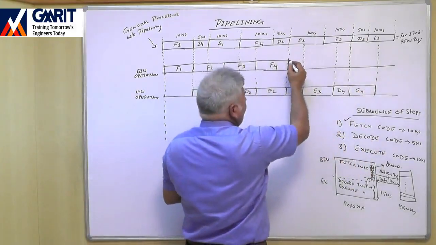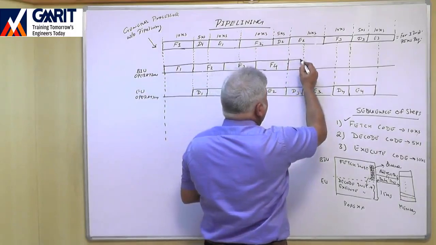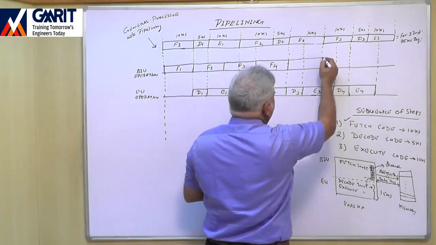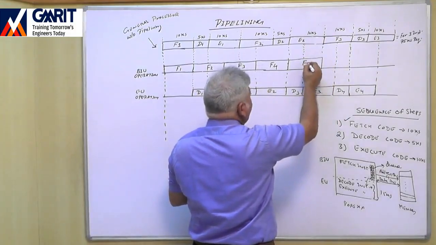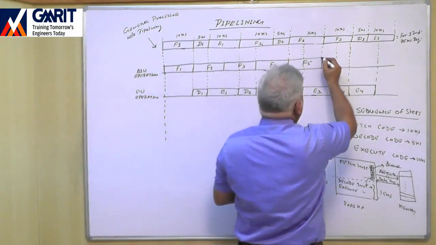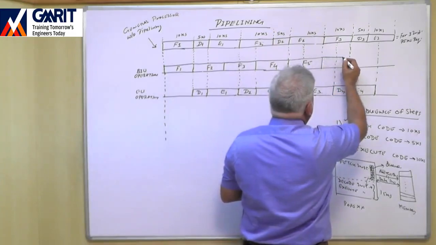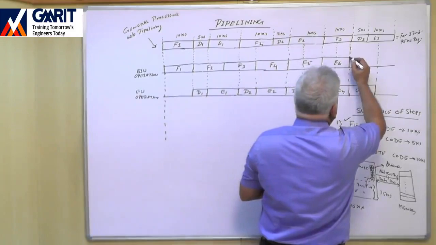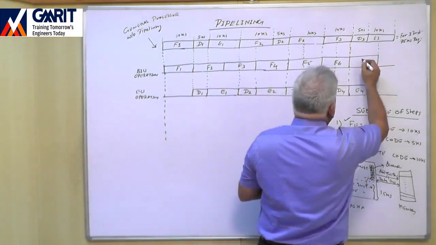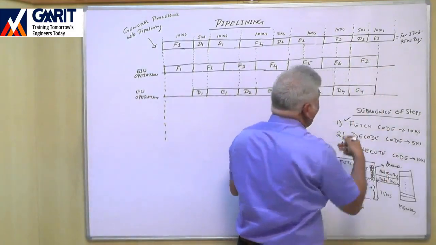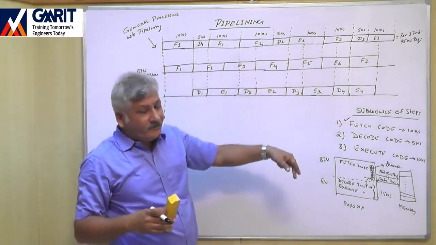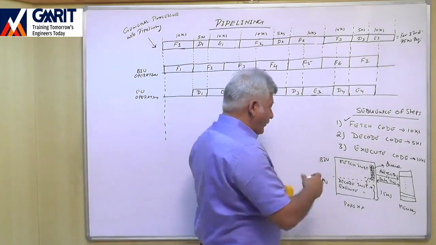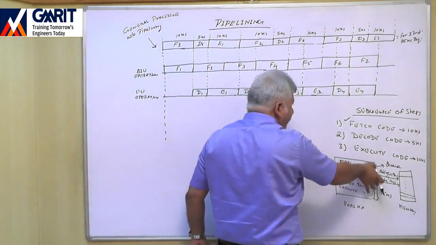And here this will continue, and in 10 microseconds it will fetch the fifth, it will fetch here the sixth, and it will fetch here the seventh. Like this, it will continuously fetch, and the decoder unit will decode and execute by taking the bytes from this queue.